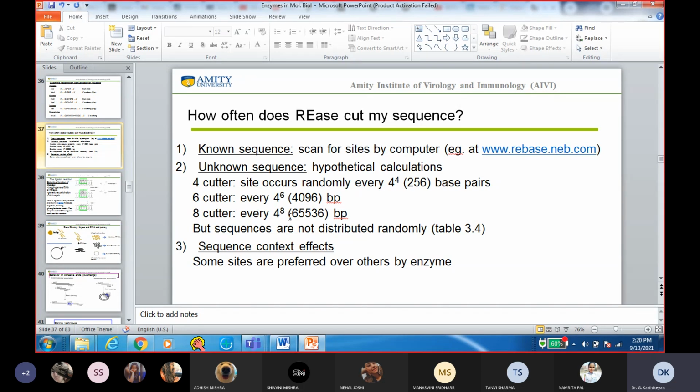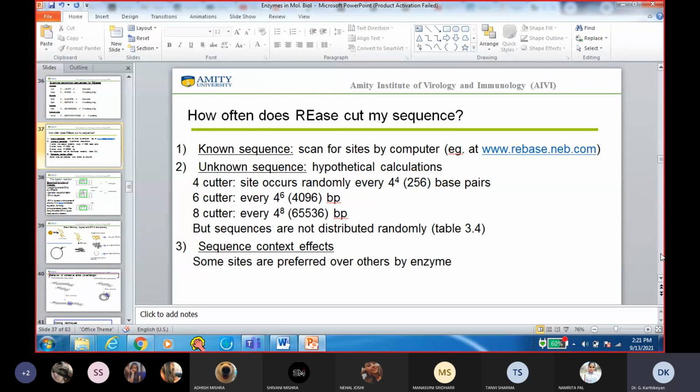I told you classical examples of GC-rich genomes like Mycobacterium tuberculosis or AT-rich genomes like Plasmodium falciparum. You may have violation of this rule, but to a large extent this holds good, assuming that your ATGC is distributed randomly.